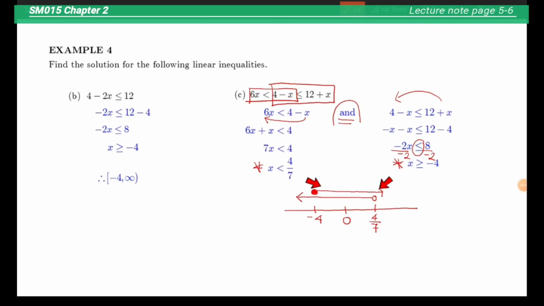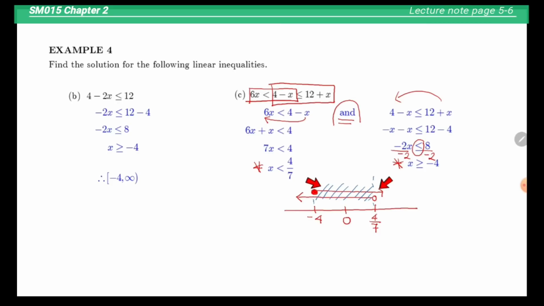For the final part, we can combine these two arrows by considering the "and", or the intersection, of these two arrows. We can see that it intersects in the region between negative 4 and 4 over 7.